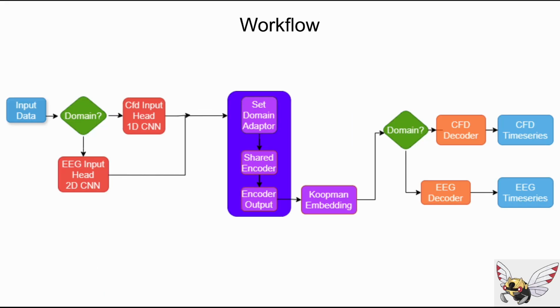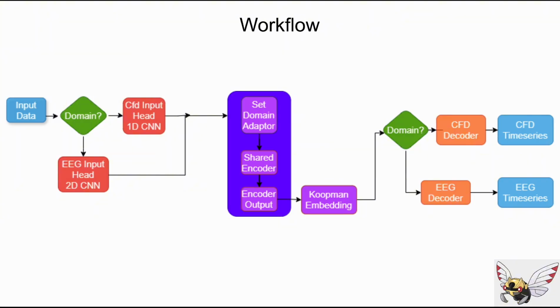Now I'll move on to the main workflow that we employed. As we said before, we decided not to train our model 2 times. To take care of the different dimensions of the datasets, we used a domain logic which was able to split the adapters in real time whenever a new dataset came, on the basis of whether it was CFD data or EEG data, and then send the data into the BERT-base encoder, which used LoRA techniques to fine-tune it.